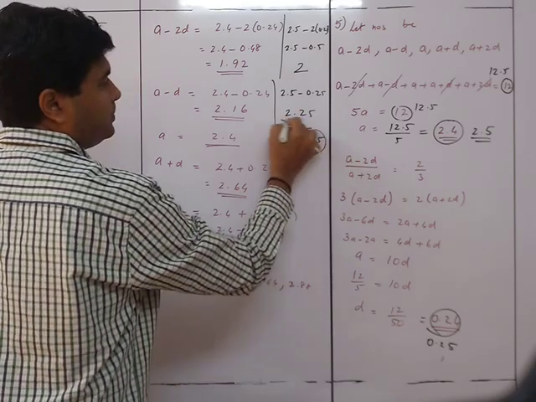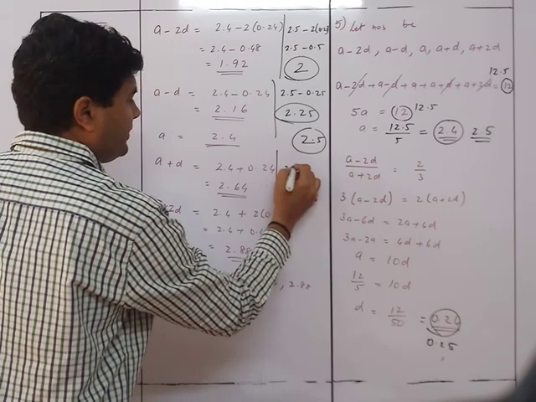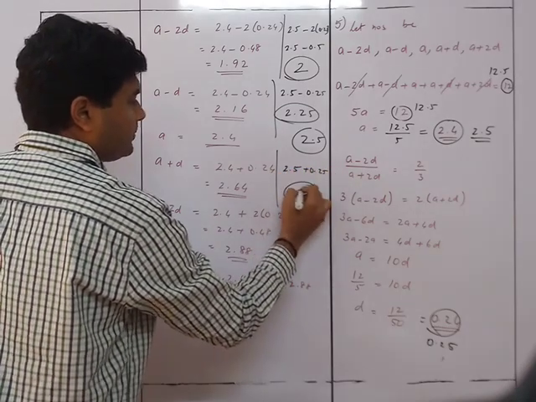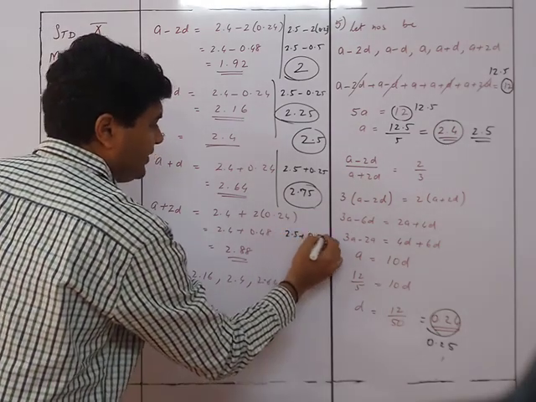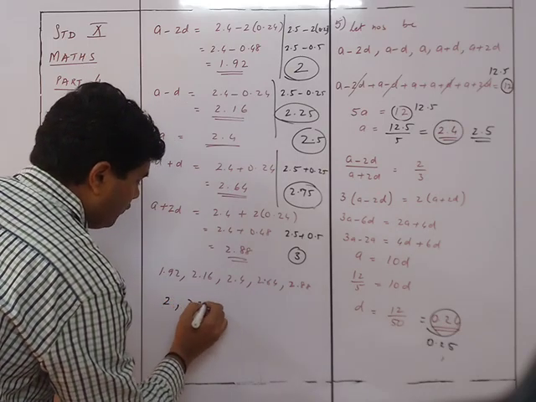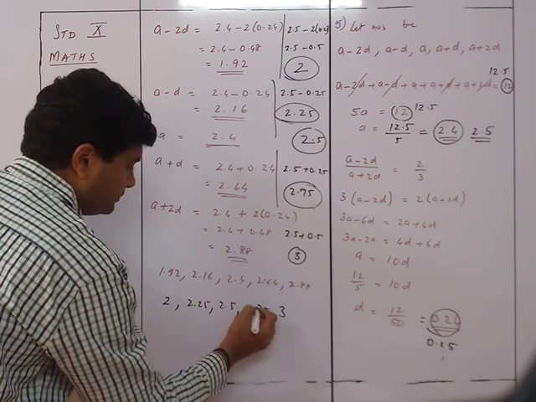And then it will be addition. So 2.5 plus 0.25, so 2.75. And finally it is 2.5 plus 0.5, it will be 3. So the answers will be 2, 2.25, 2.5, 2.75, 3.